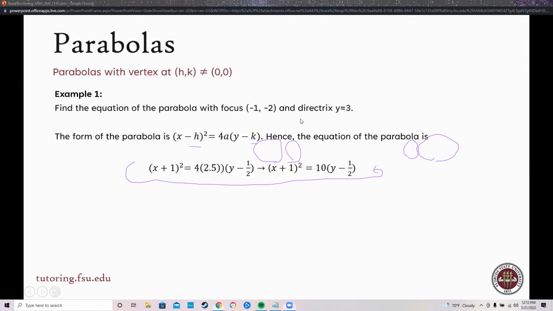So with that being said, h is just equal to -1. Plugging that in, I'd have x minus -1, so I get x plus 1 now.